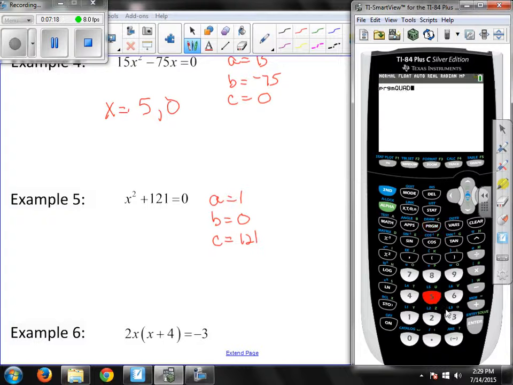Program quad, enter. A is 1, B is 0, C is 121. Here are my two solutions. Now I'm not going to bother to put the 0 on here. So I have 11i and negative 11i. It was a complex number.